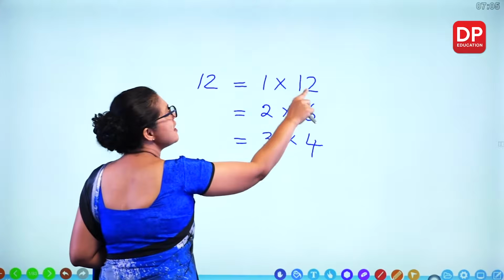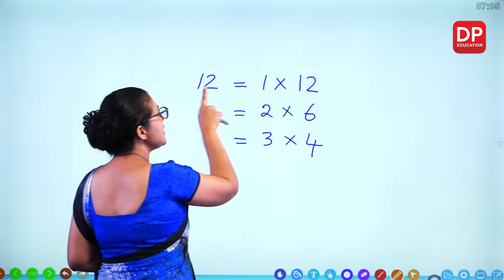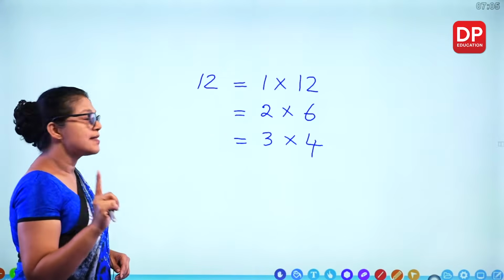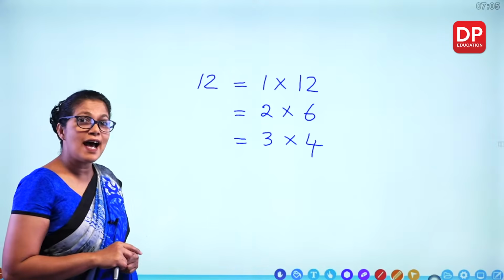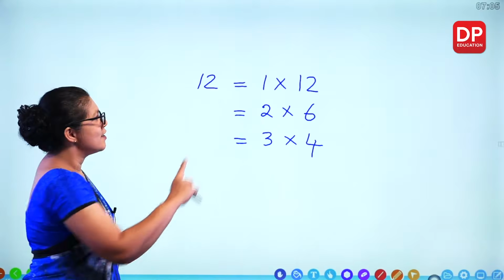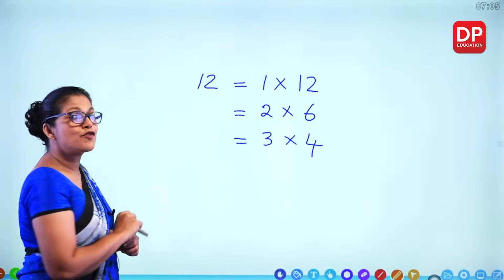So what are these numbers? We can write any number as a product of two numbers. So we call these factors. So what are the factors of 12?